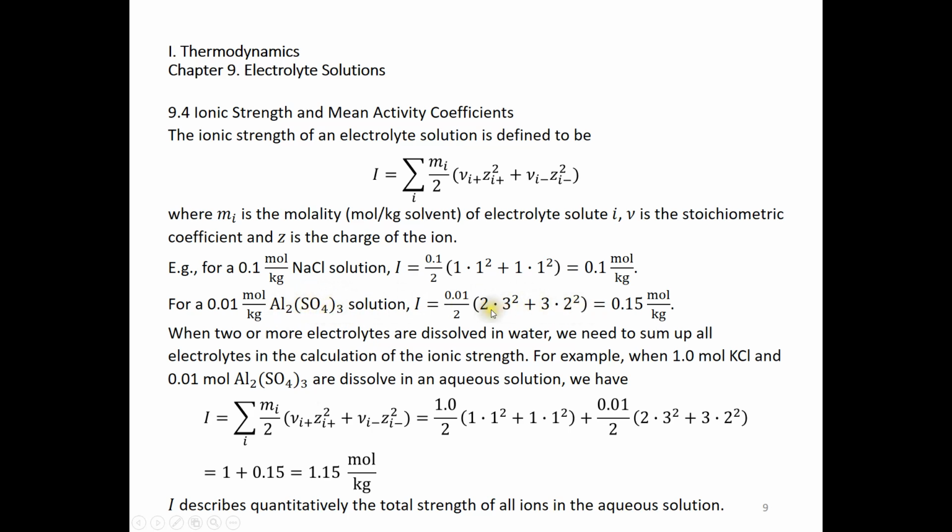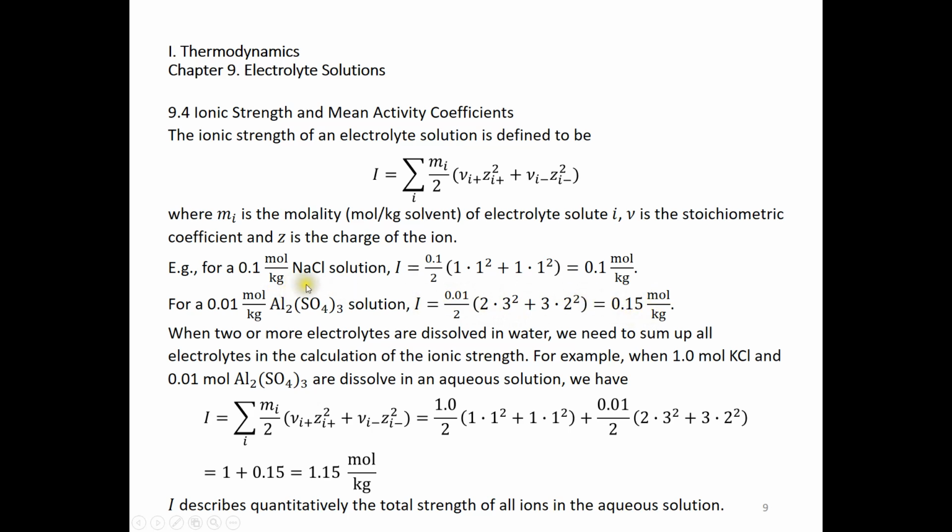So if you look at the terms inside the pair of parentheses, we have 2 times 9 plus 3 times 2, we get 30. And then 30 divided by 2, we get 15. 15 multiplied by 0.01, we get 0.15 mole.